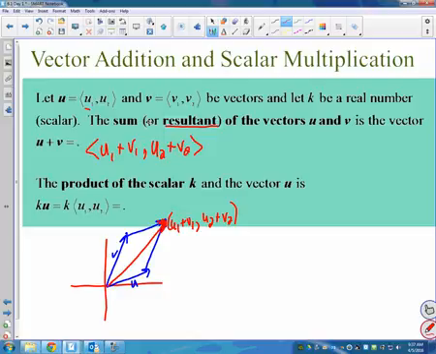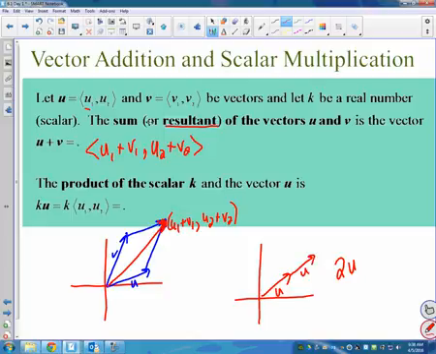The scalar is even easier. I'm going to draw the picture first. So think about if I had vector u. What do you think 2u would look like? You just add on another u, the same length, the same direction, right?